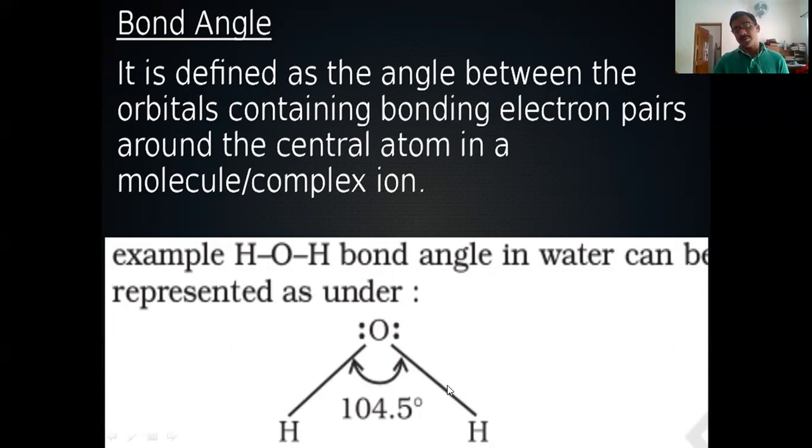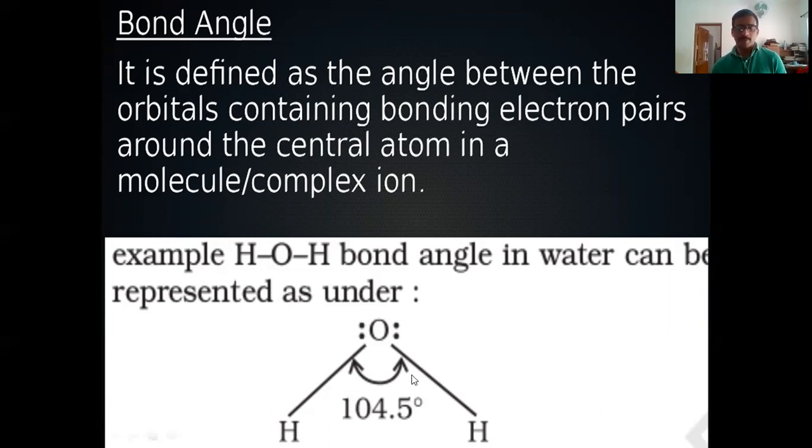Here H2O is given. What is the bond angle here? 104.5 degree. HOH bond angle in water can be represented in this way. So if you have a question on bond angle, in a simple sense, what you can write is that it is the angle between two adjacent bonds in a molecule.